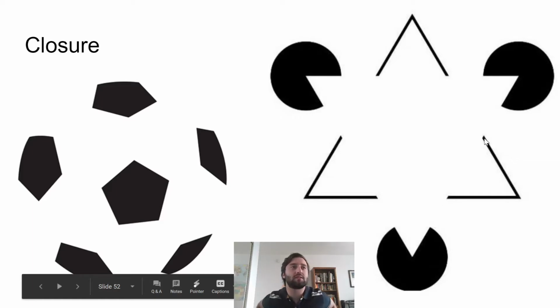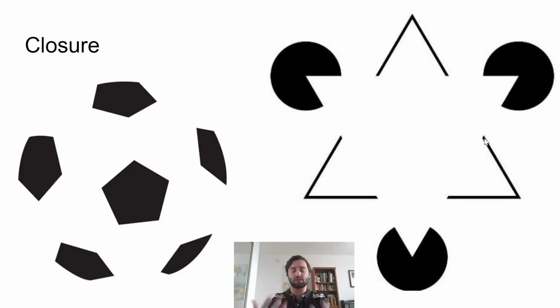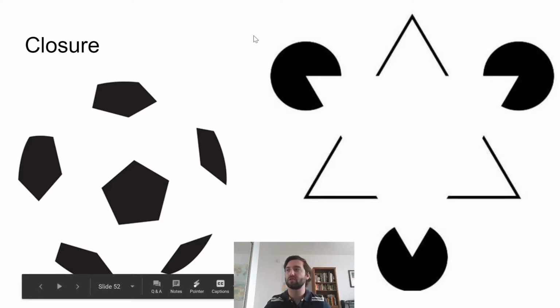Even though there's no visual information, your eyes are not getting anything that should say that this is a triangle, our brain adds it in. And that's why you can almost see these lines. It's almost like they're 2 different tones, even though there's not. So again, the way we're organizing our world this way is closure.